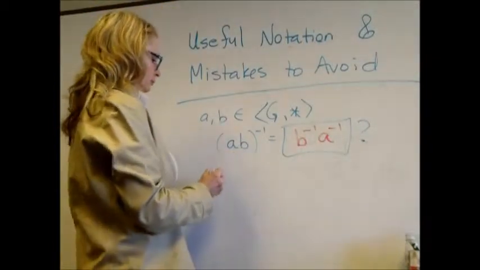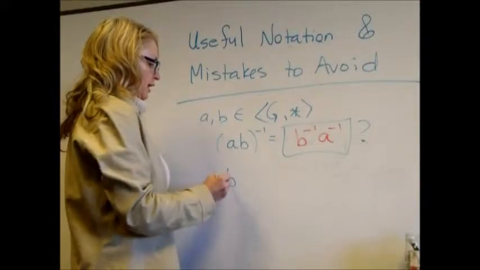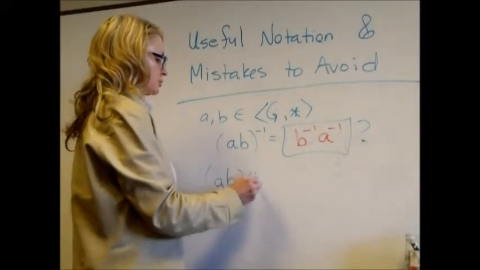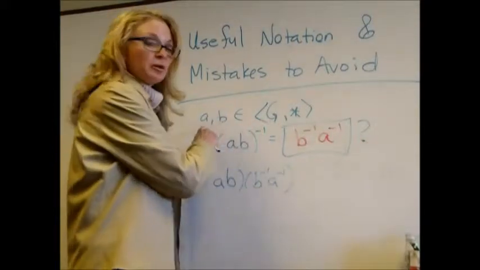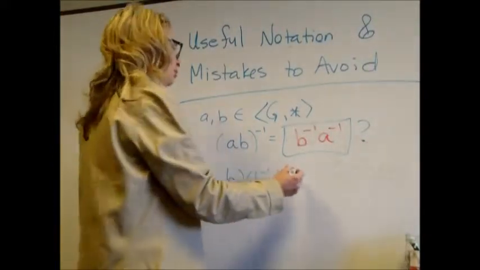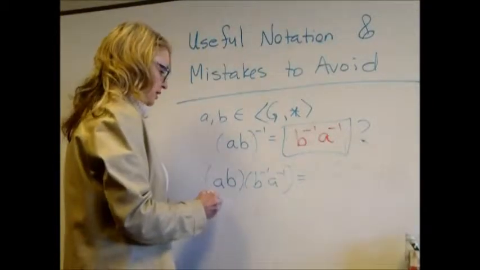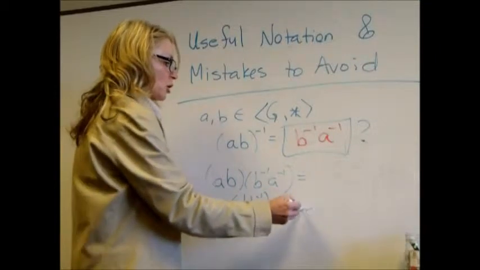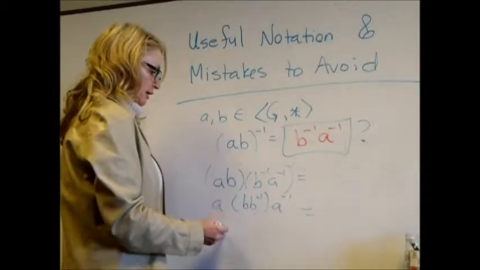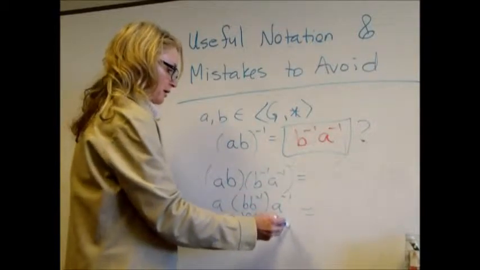For example, we can show this as, well, let's look at what a times b inverse a inverse is. These elements belong to G, so each one of their inverses are there. Well, this is the same then, since the operation is associative, as writing a, b inverse, and then a inverse, which is the same here as a, this is the identity of the group, and then a inverse.